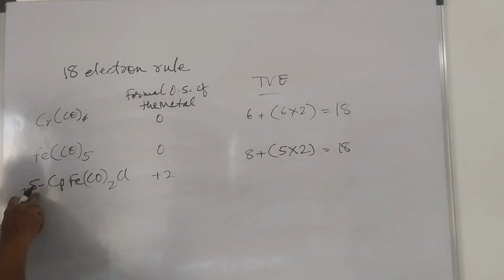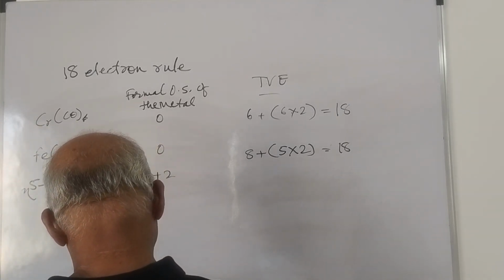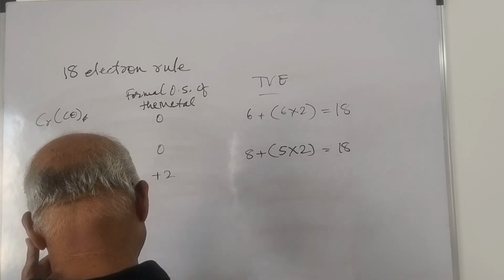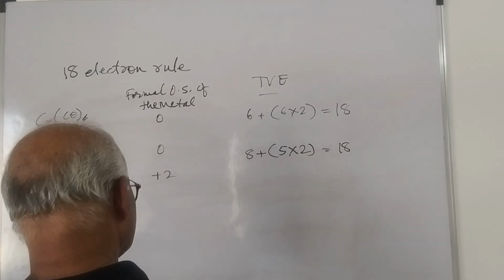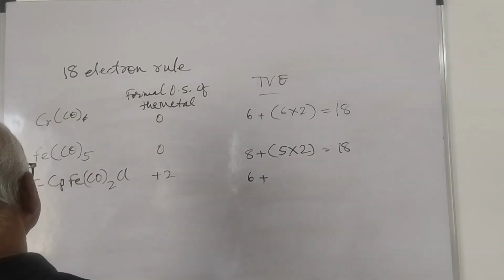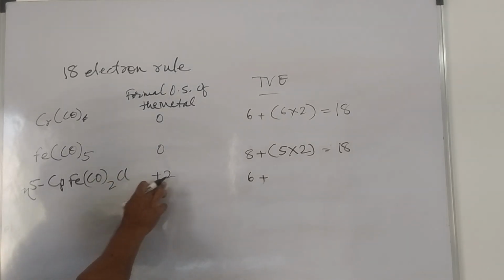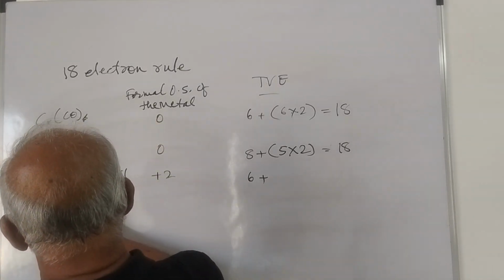The eta 5 Cp contributes 6 electrons, and the Fe: 2 electrons removed means there is +2 oxidation state, so only 6 electrons are contributed by Fe.